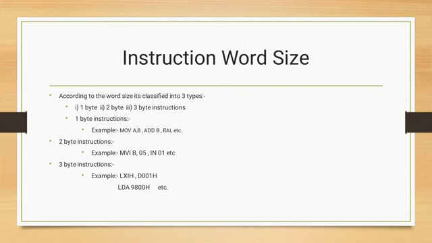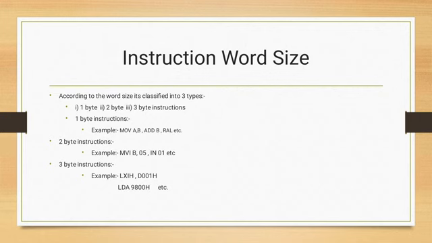DB is the opcode for this instruction. A 2 byte instruction is stored in 2 consecutive memory locations, which is why it is called 2 byte. But a 1 byte instruction is always stored in 1 memory location, so that is why it is 1 byte.